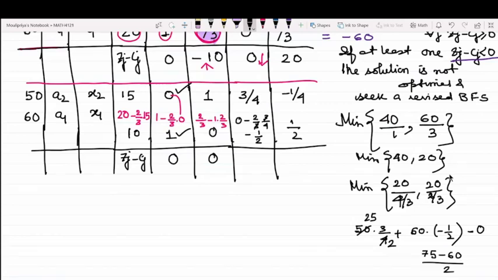This amounts to 15/2. And the last one, please. That is 35/2.